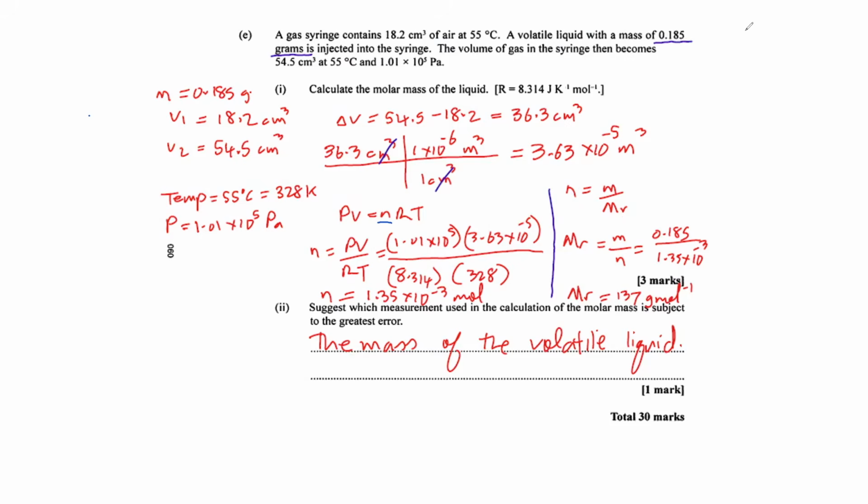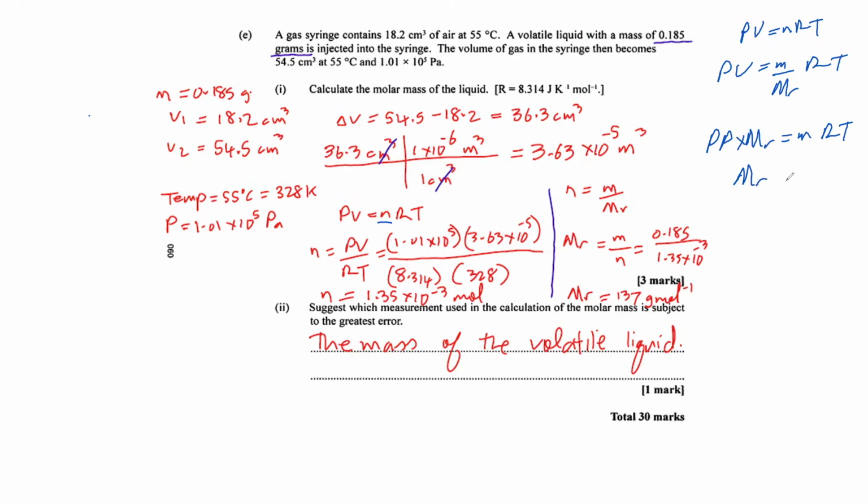It can be worked out another way using the ideal gas equation PV equal nRT. We are then going to make n be equal to mass over molar mass. And of course, we are now going to make molar mass the subject of the formula. So we'll multiply PV times the molar mass. That is equal to mass times RT.